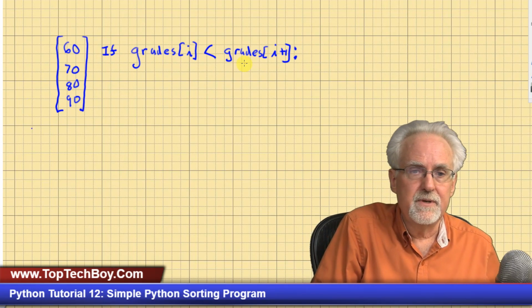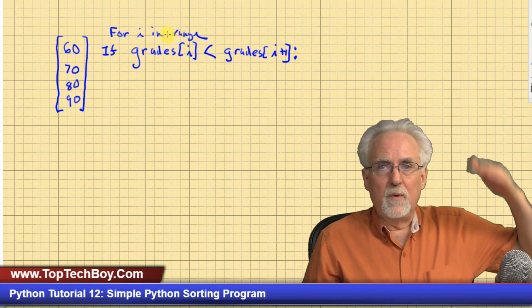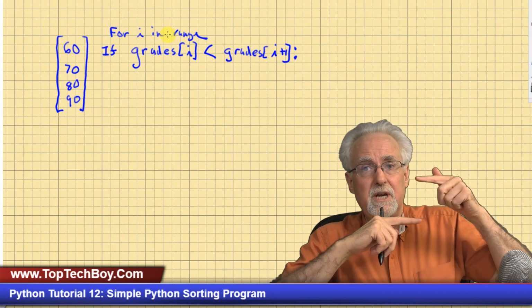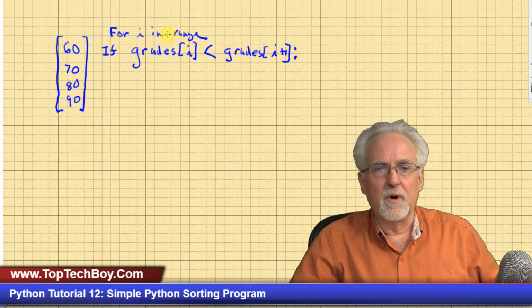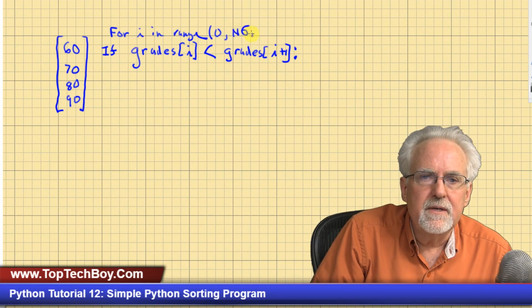Okay, we want to swap their positions. And so what this would be is, you can see it's going to be for I in range. So right, we want to step through these numbers, and then if two adjacent numbers are in the wrong order, then we want to swap them. So for I in range, we want to go from 0, which is the first number, to num grades, and we want to increment by 1.